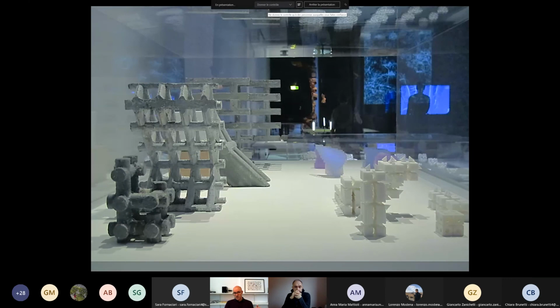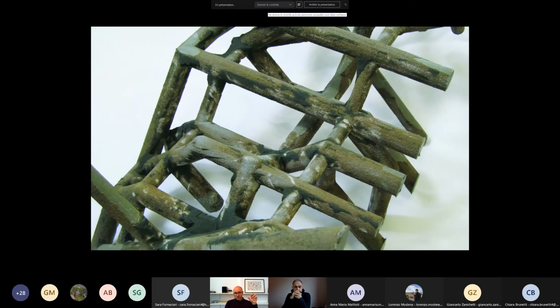We started experimenting with casting fiber reinforced concrete in some cubes like this, or sand molds, 3D printed sand molds. But it was so complex that I said, okay, let's forget about that for the moment. Too expensive, too complex.